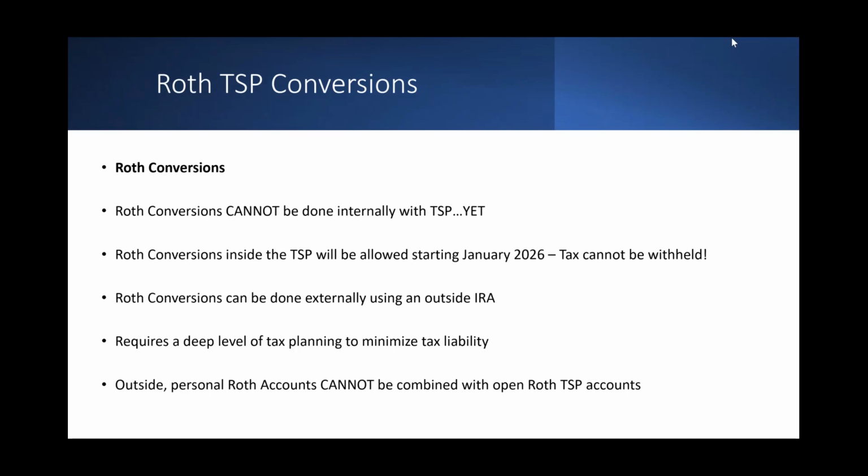I would probably imagine we would get a unanimous decision that taxes are going to be higher in the future. So with that said, why don't we take advantage of being able to start taking some of our traditional dollars and moving them over to a tax-free basis? Now, when you do that, you take traditional money and you move it over to a Roth IRA or a Roth TSP, which I'm explaining shortly.